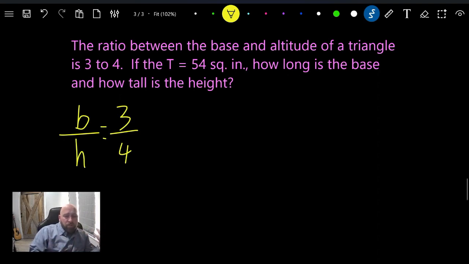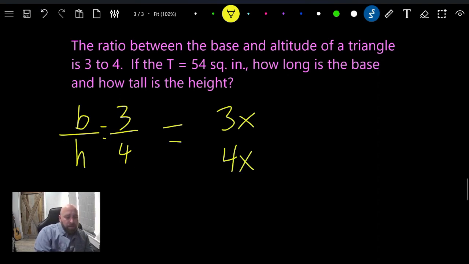Now, whenever we're solving in algebra, we can't use B and H, right? Because we can only use one variable. We can't solve it if we have a B and an H. So the way that you would solve these is you would say, okay, my missing thing, let's just call it X. So the base would be 3X and the height would be 4X.